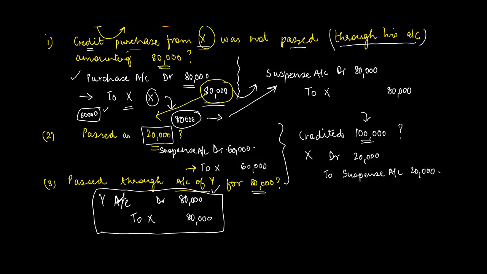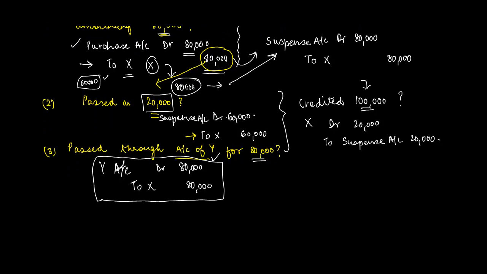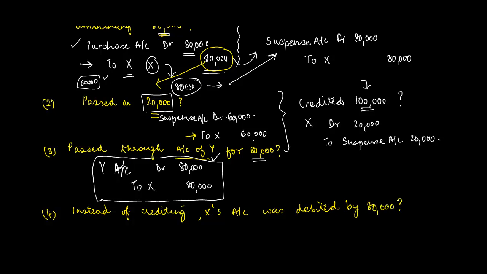And then there is one more entry which is normally there in case of rectification, which is that instead of crediting, X's account was debited by 80,000. Now what?